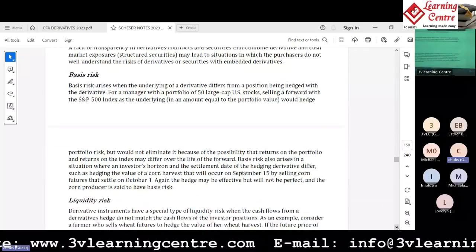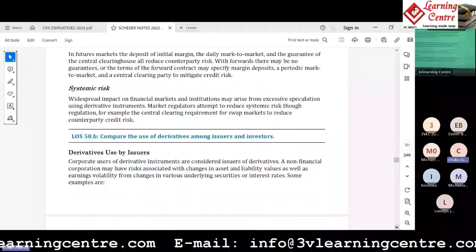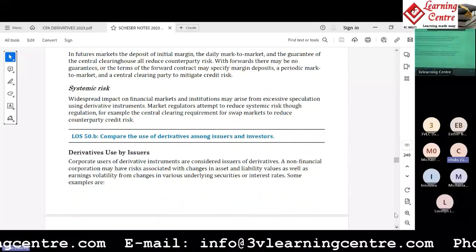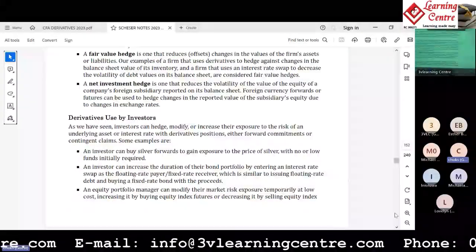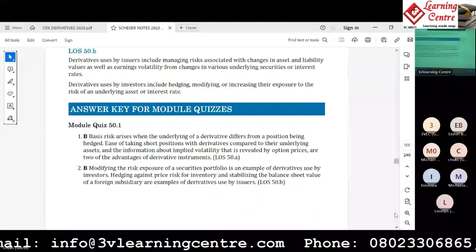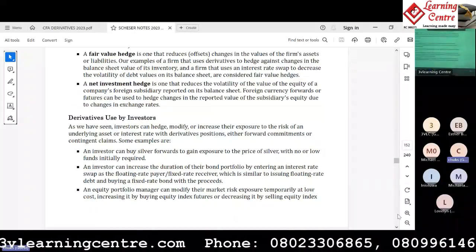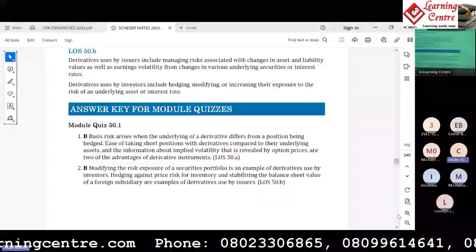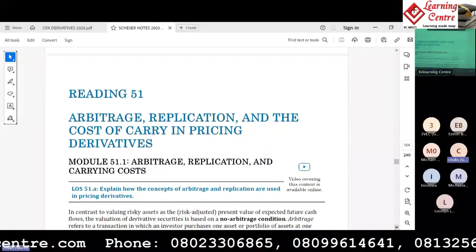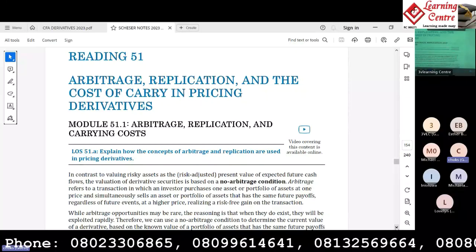Then you have basis risk, you have liquidity risk, counterparty credit risk, systematic risk. I'm just trying to run through all this because these are just things you should read up. Then derivative uses by investors. So basically, just take out time to read this because it's just basically things you just need to read and understand. Okay, so arbitrage, replication, and the cost of carrying pricing derivatives.